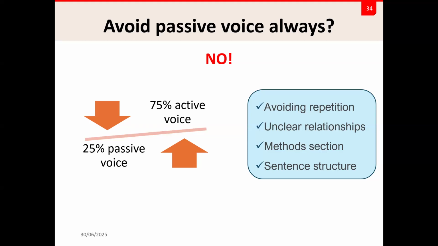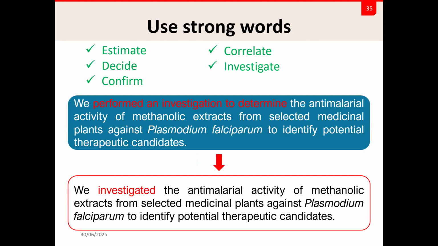And the other thing is you need to use strong words like estimate, decide, confirm, correlate, investigate. Those are strong words that you can put in your abstract. For example, this sentence: "We perform an investigation to determine the anti-malarial activity of methanolic extract from selected medicinal plants."